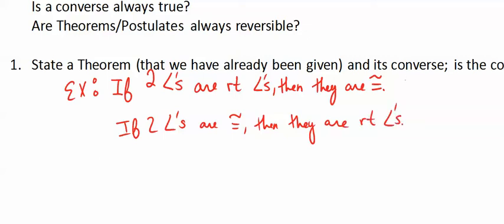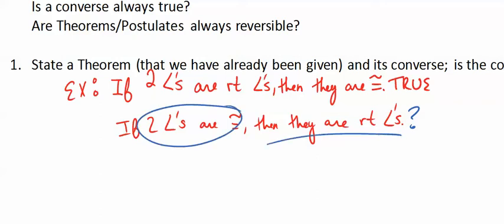We know for a fact that the first statement is true, because if two angles are 90 degrees, then they would be congruent. But is the second one true? Can you have two angles that are congruent that aren't right angles? Sure. So this is false, or not necessarily.